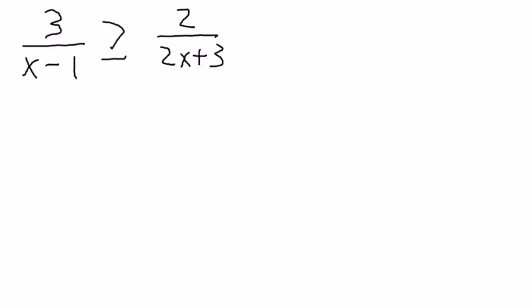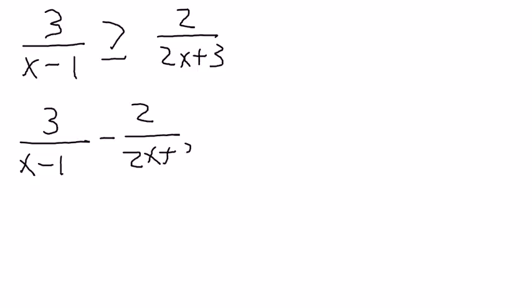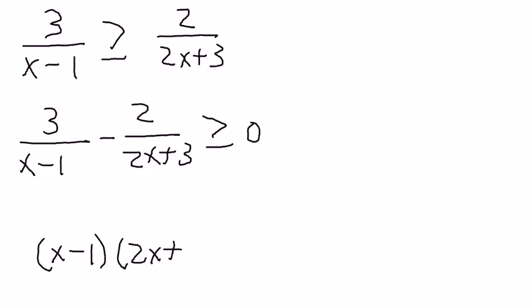I don't want to cross multiply, because I would maybe lose solutions there. So I've got to move the 2 over 2x plus 3 over to the left. I'm going to write it as 3 over x minus 1 minus 2 over 2x plus 3 is greater than or equal to 0. The common denominator is going to be x minus 1 times 2x plus 3.